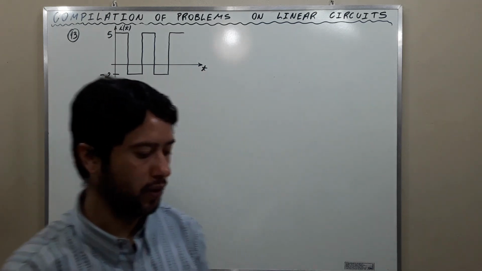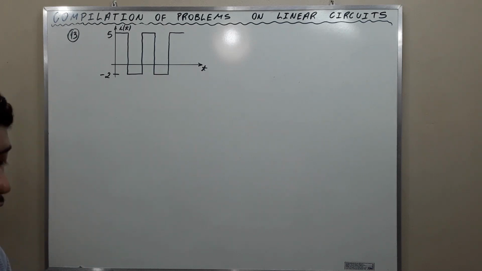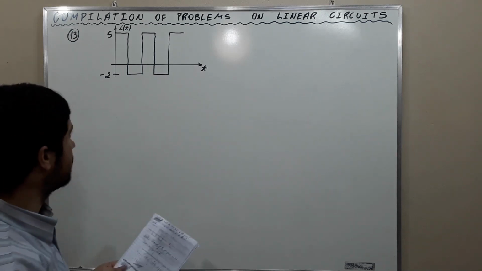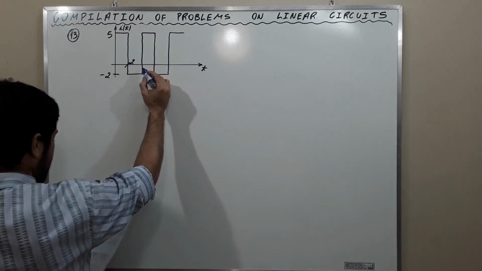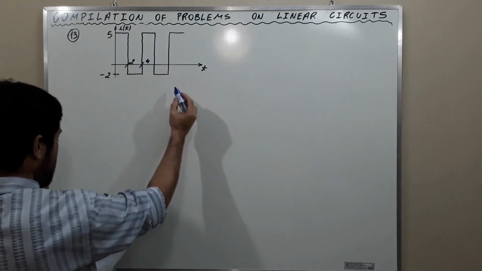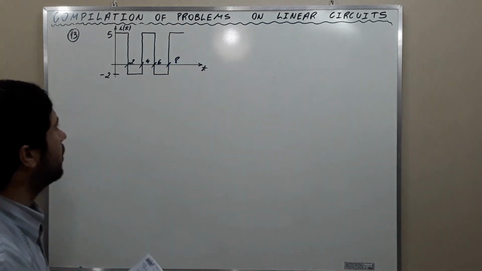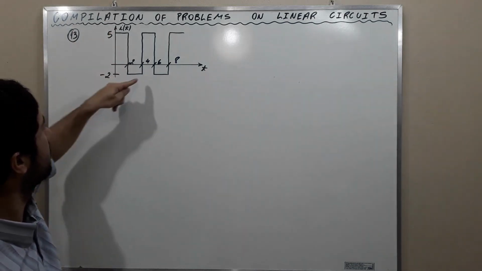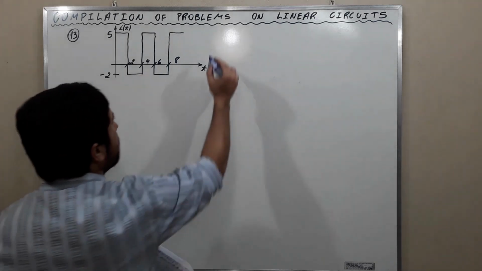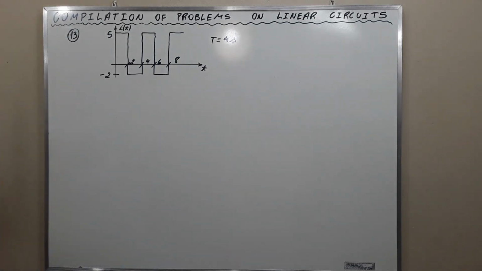Question 13. Find the RMS value of the current waveform shown on the board. And the period here is 2, here is 4, here is 6, and here is 8. We can see that the period is 4 seconds.